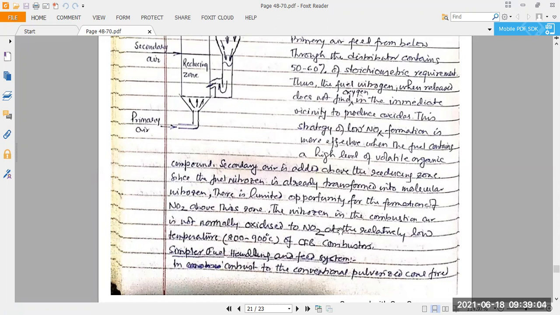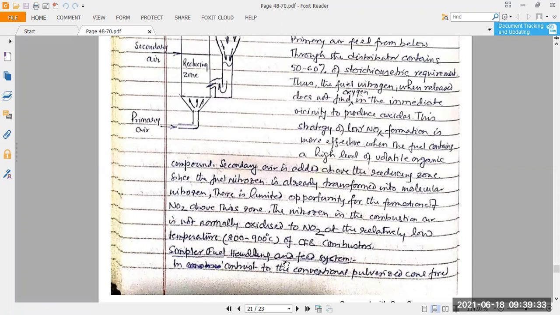There is limited opportunity, and thus nitrogen oxide is not much formed. Due to the low temperature, it doesn't generally form the oxide.